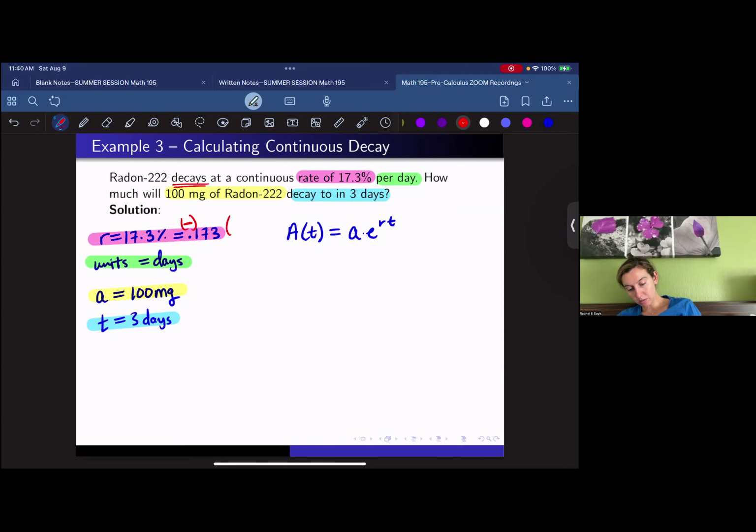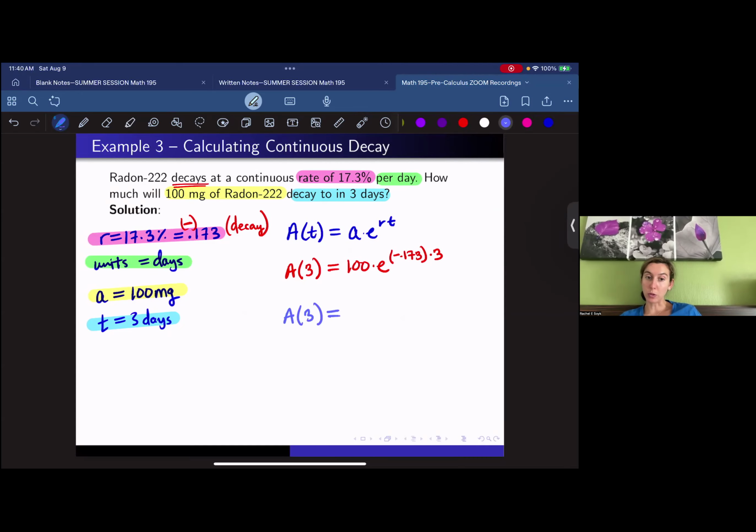Negative sign because it's a decay. If it was a growth, then it would be positive. So we have A after 3 days. Your initial is 100 times e to the negative 0.173 times 3. And now at this point, we're going to use our handy dandy calculator and we will compute it.